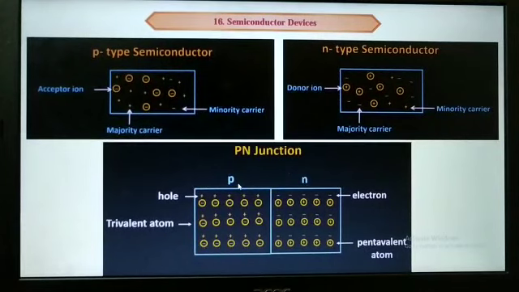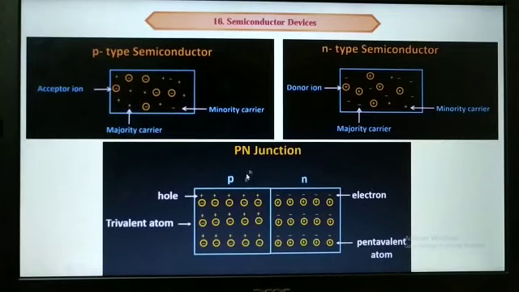As you know, p-type semiconductors have trivalent impurity and n-type semiconductors have pentavalent. Basically in p-type there will be a vacancy of 3 electrons in the outermost orbit, and in n-type 5, right?